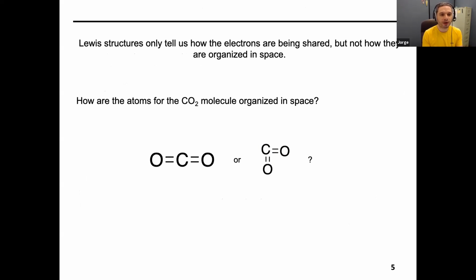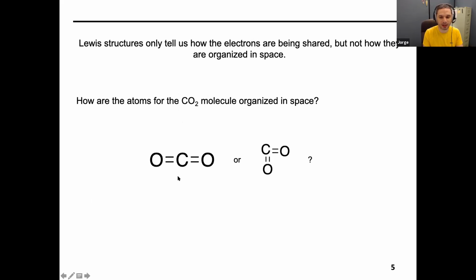So therefore, Lewis structures only tell us how the electrons are being shared, but not how they are organized in space. For example, for the CO2 molecule, what is the most stable organization in space for the three atoms that form the molecule?